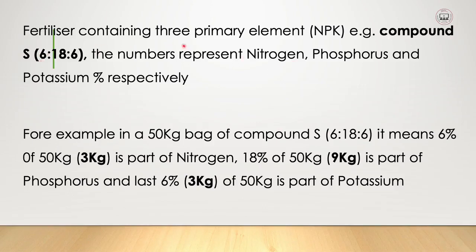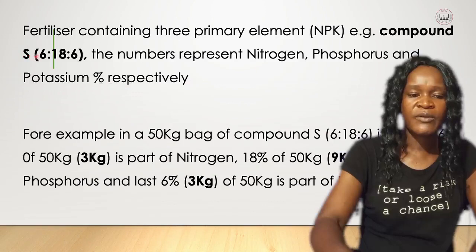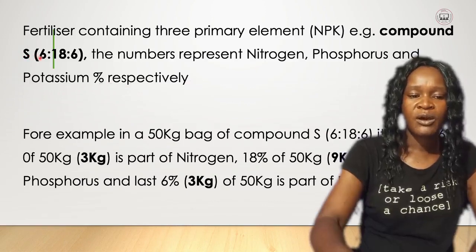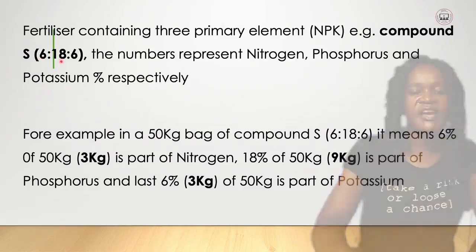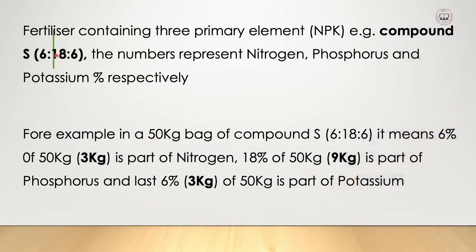So the numbers like 6-18-6 represent nitrogen, phosphorus, and potassium percentage respectively. It means in the compound S, that fertilizer has 6% nitrogen, 18% phosphorus, then 6% potassium.